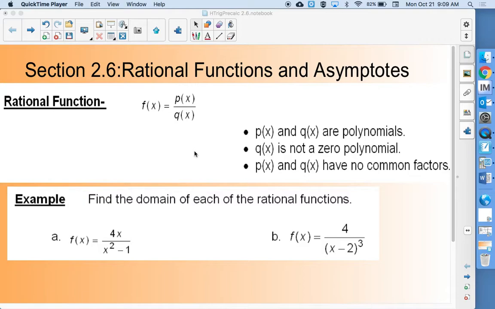So today we are going to talk about rational functions, and we're going to do a little review of asymptotes. This was last year, all of chapter 8, rational functions.